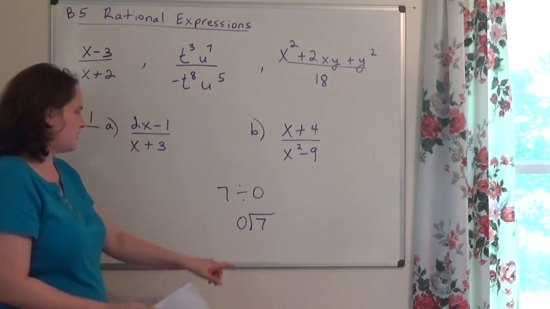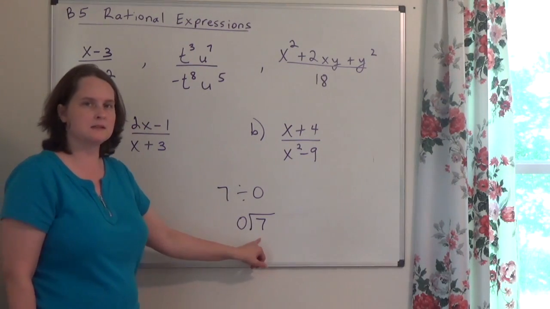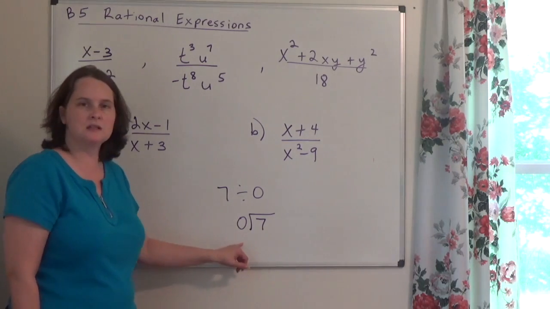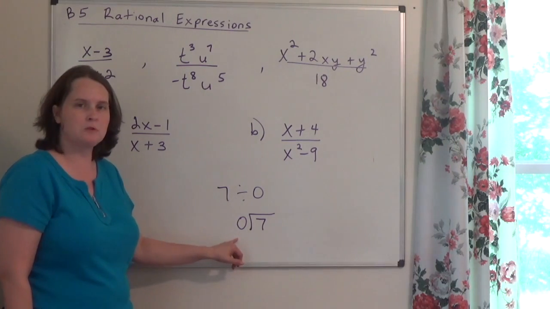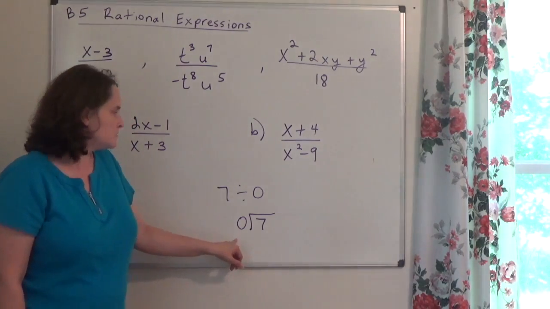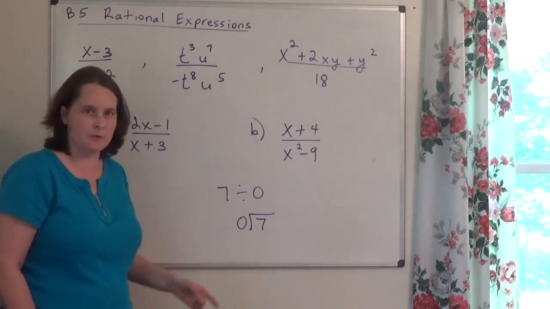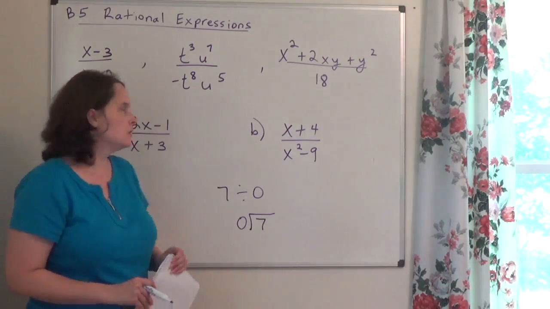This is asking us to find a number that we can multiply by 0 that would give us this number on the inside. And hopefully you see that that is a problem. If you try to multiply any number by 0, it will always equal 0. So that's why we have this rule that we can never divide by 0. That's a very important rule to remember.